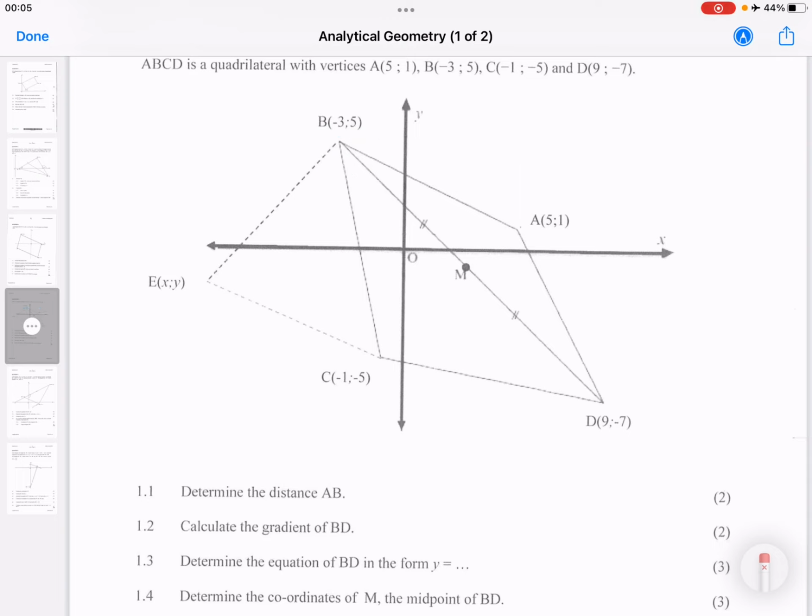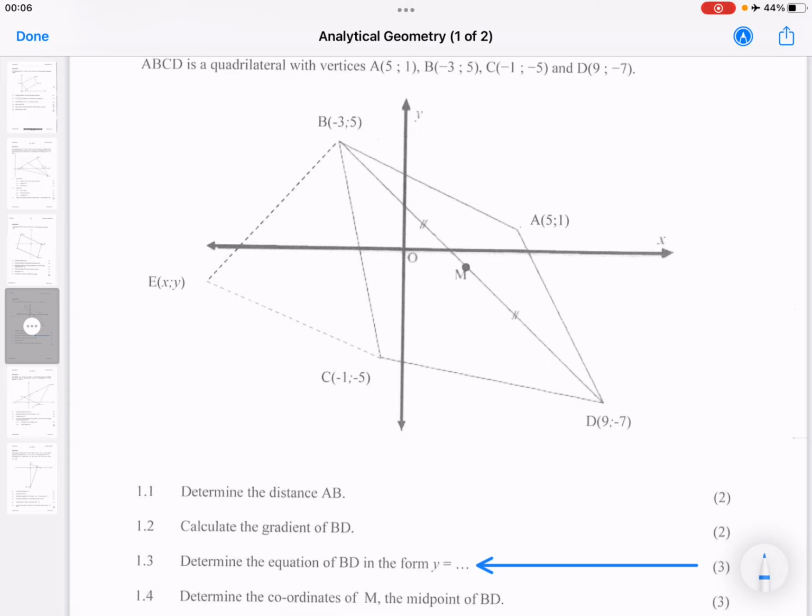So now let's see. Very quickly, let's move on to the next question, being question 1.3. Also, that question is allocated, it's not 2 marks but 3 marks.